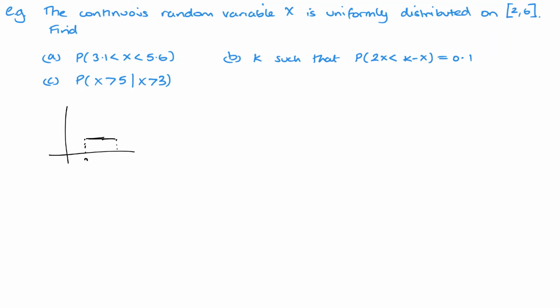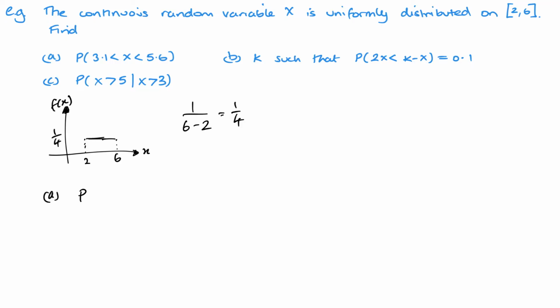So it's rectangular, between 2 and 6, so then I can do 1 over b minus a, or 1 over 6 minus 2, which is a quarter. So the height of this has got to be a quarter. And that's f of x, and that is x. I like to do this especially for questions like this, I just think it makes it a little bit easier.